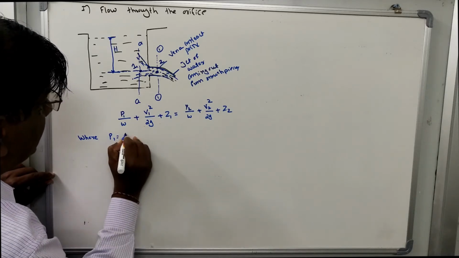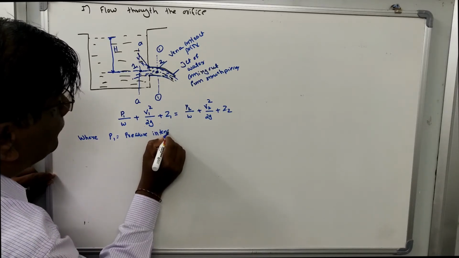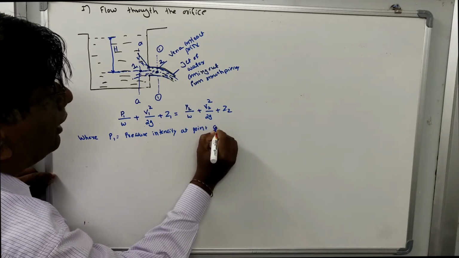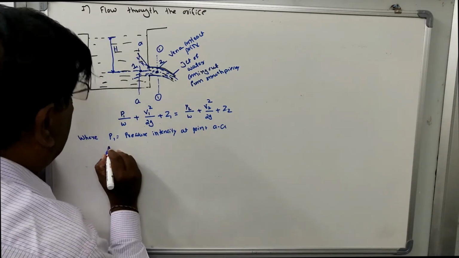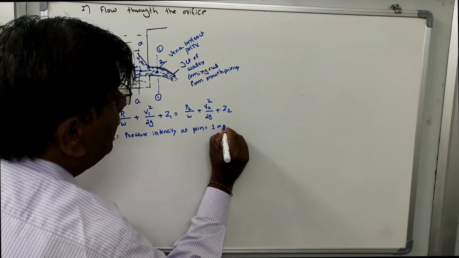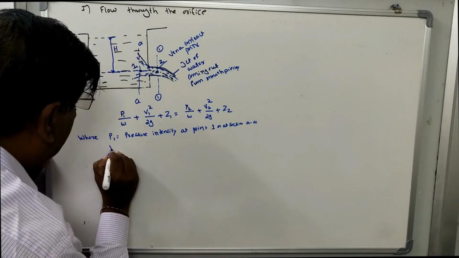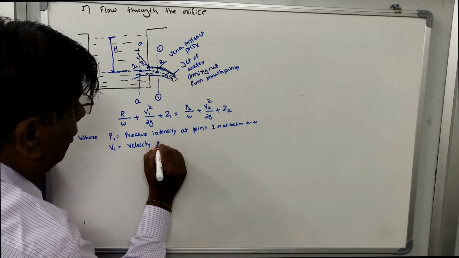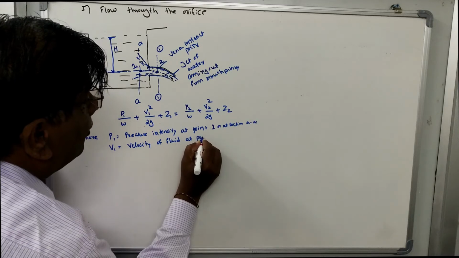Here P1 is the pressure intensity at point 1, or at section AA. Similarly, V1 is the velocity of fluid at point 1.